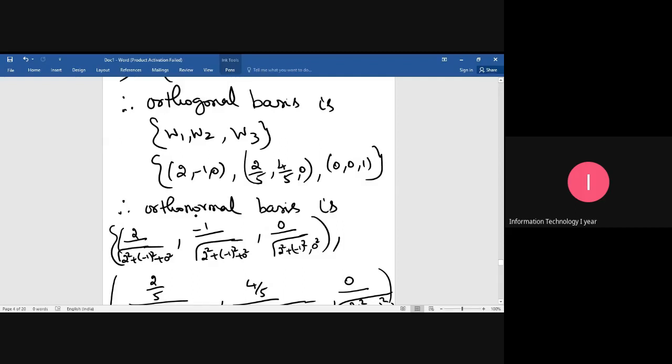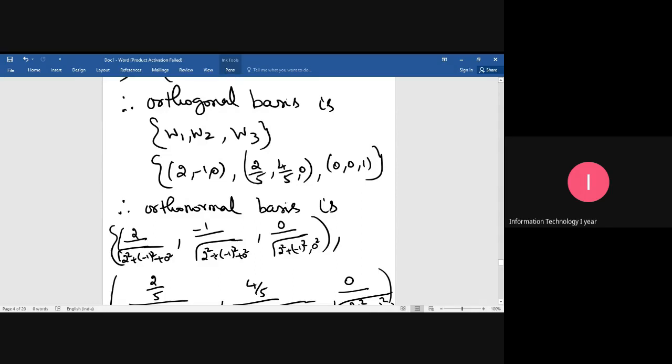If you want to find W4, W5, you just extend the formula. First step, W1 equal to V1. Then W2 using the formula, calculate it. Then W3 also, if you know the formula, is very simple, just an extension. So then easily we can find the answer for the orthonormal basis.